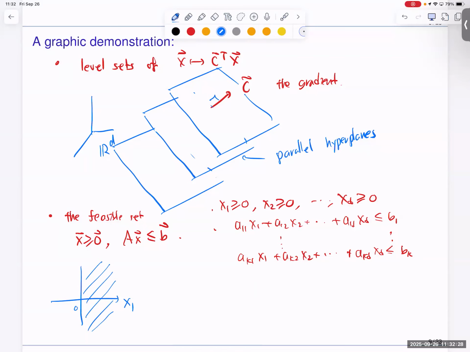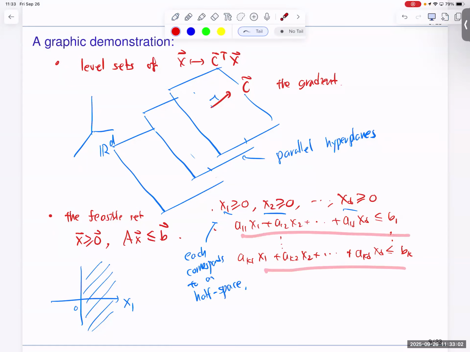Likewise, this one also, x2 is something like this, and x3 in higher dimension, right? So the point is that each one corresponds to a half space. Okay. The same for these inequalities.